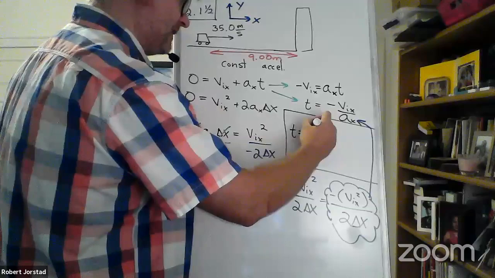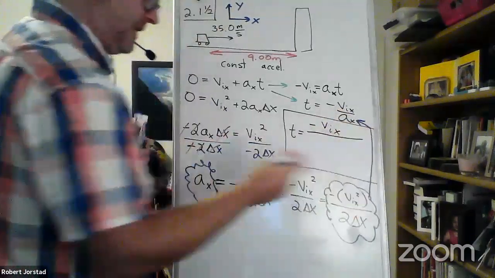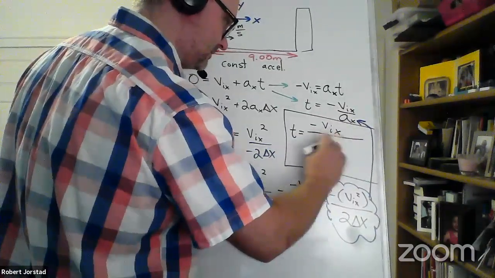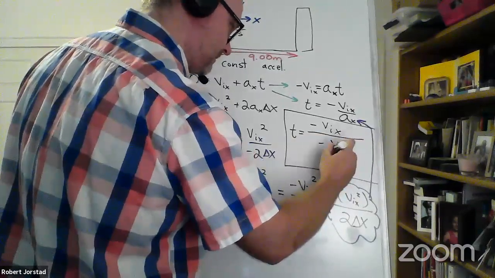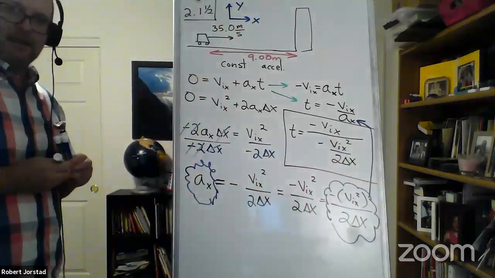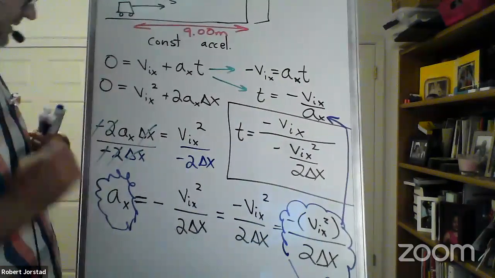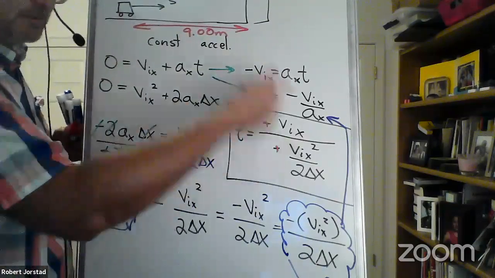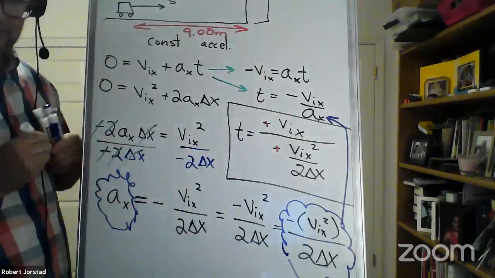So I get a negative v initial x divided by all that junk. I get that. Lo and behold, this is going to cancel. I can multiply by the reciprocal and clean it up, but I've totally run out of room, and I'll check that question in the chat.